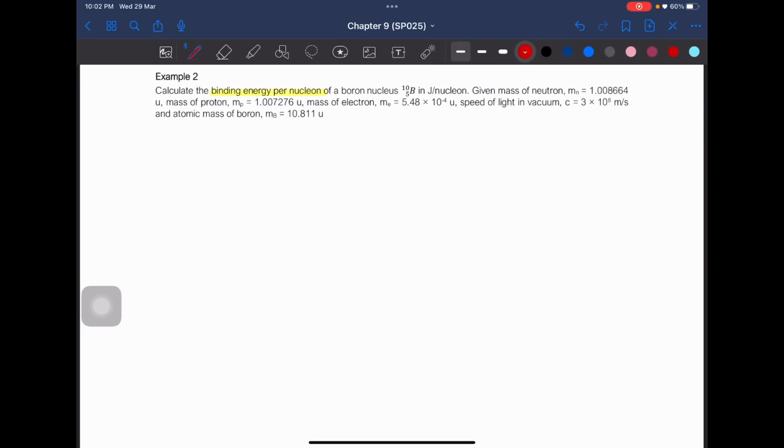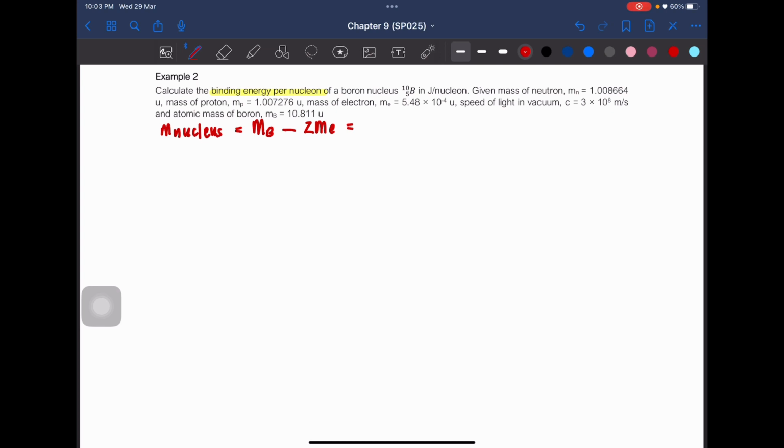Okay, so for the mass defect sama juga dia punya formula, tapi again we do not have the value of nucleus mass. So mass of nucleus kita perlu cari sebab dia just bagi kita atomic mass of boron. So sekarang ni mass of nucleus is gonna be equal to mass of boron minus dengan Z darab dengan mass of electron. Okay, so what we are doing here is we are deducting or we are subtracting the mass of electron yang ada dalam the nucleus.